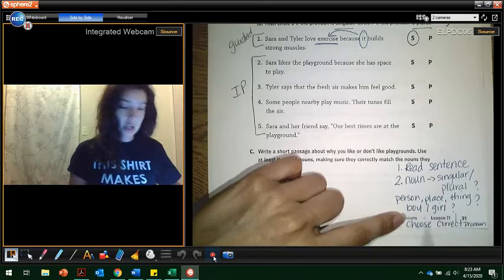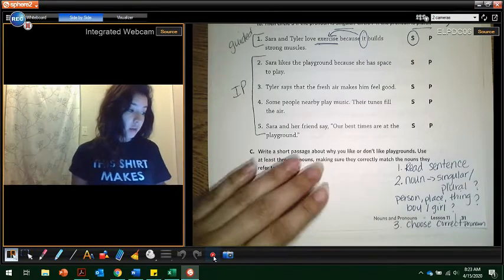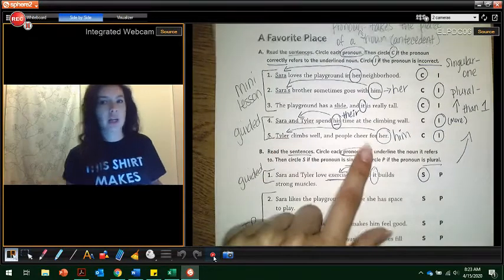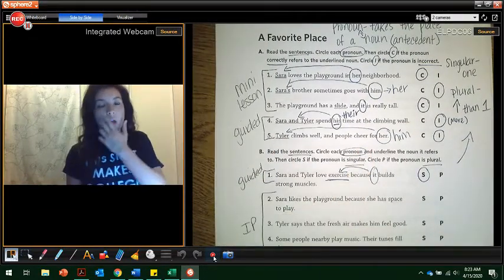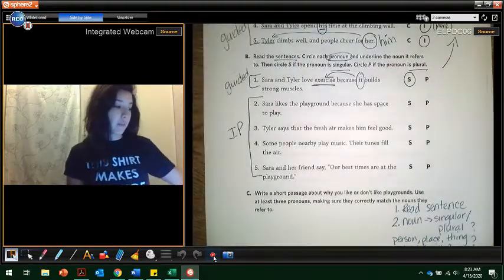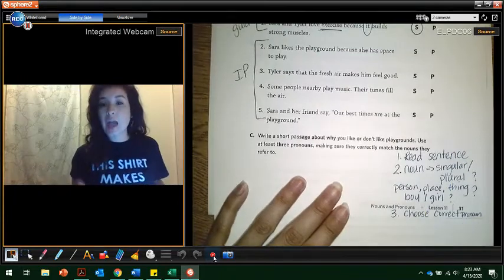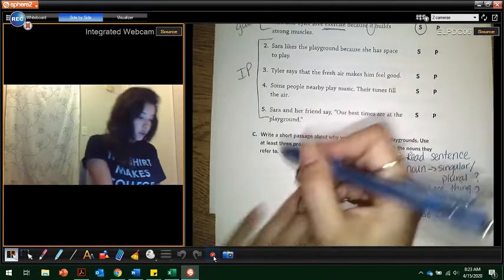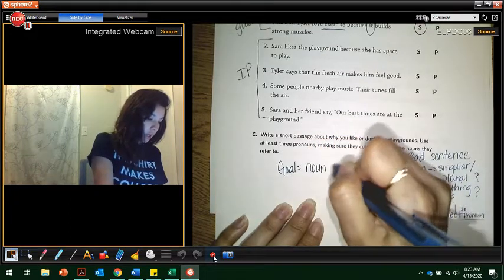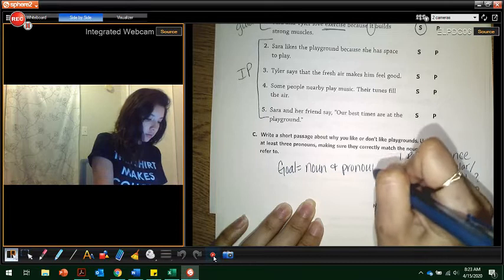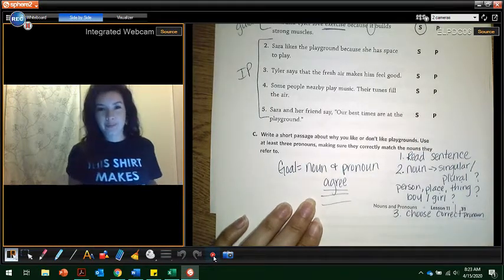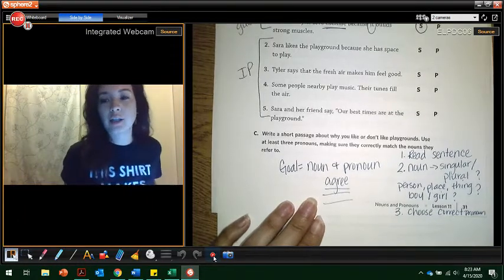And you want to check again if it's a boy or a girl, like at the top, when we found out that if it's Tyler, well, it's not going to be her because Tyler is a boy. So you're checking these different things to make sure that your noun and your pronoun agree. That is your goal. Noun and pronoun agree. That's your goal today when you get to your exit ticket, all right?